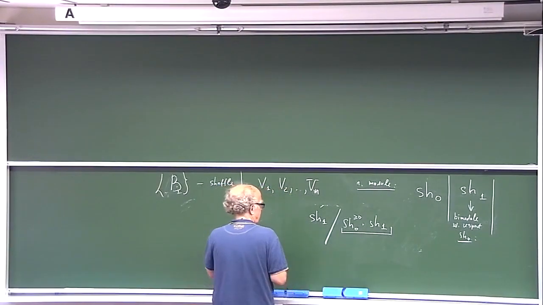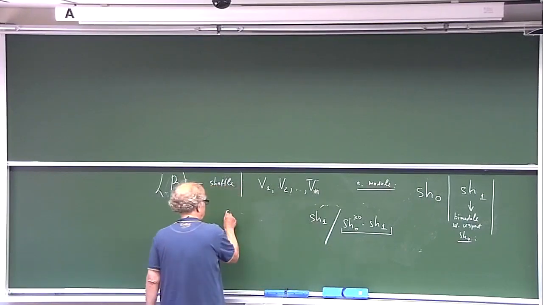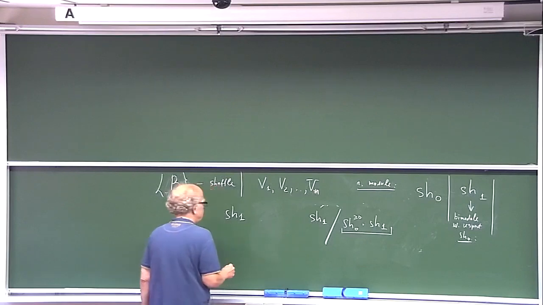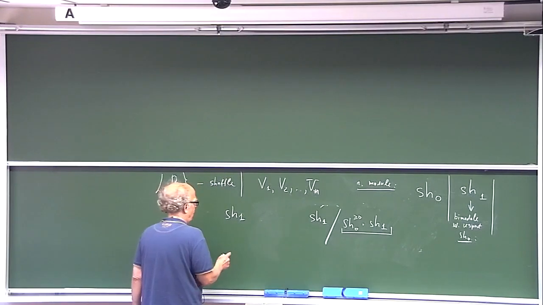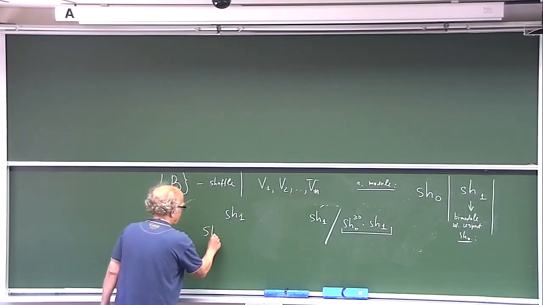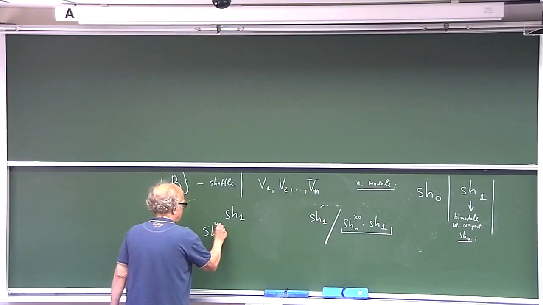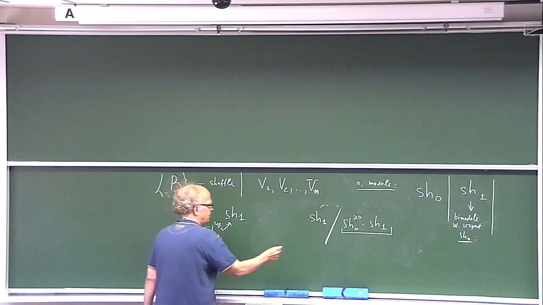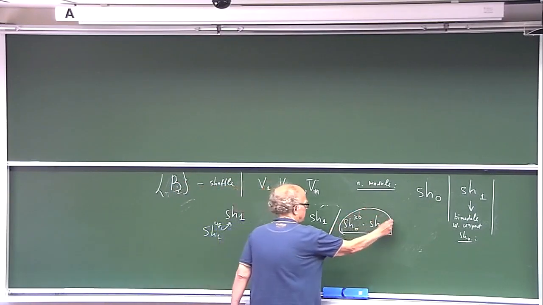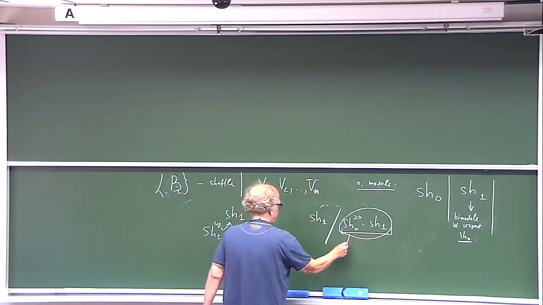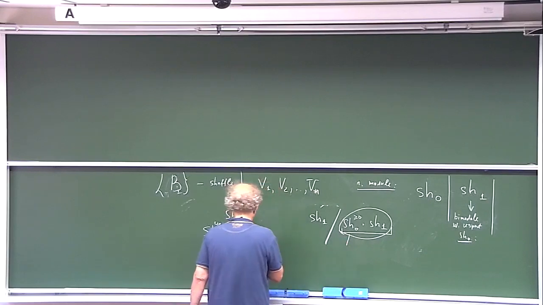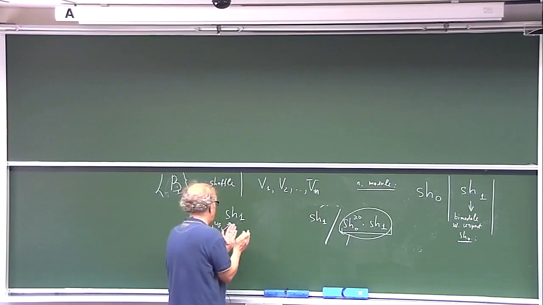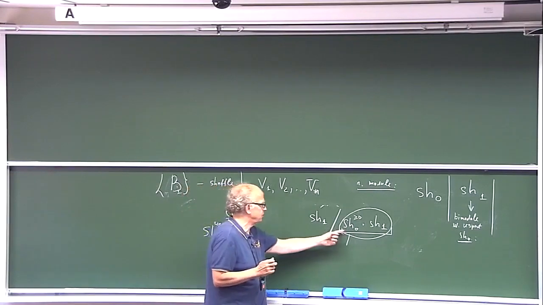Anyway, this is some regular subspace, and now the important fact is that in my space shuffle 1 I have two subspaces. One subspace is shuffle 1 regular. And the second subspace is this. And the fact is that this is a complement to this.